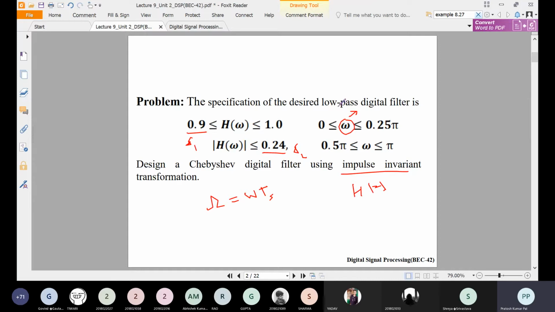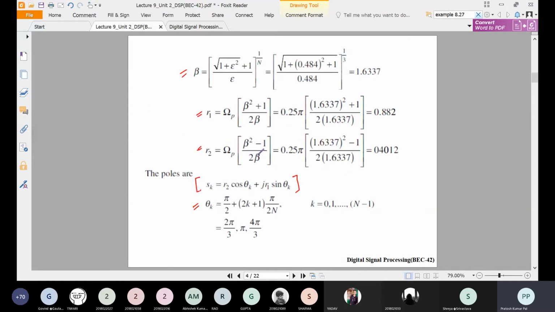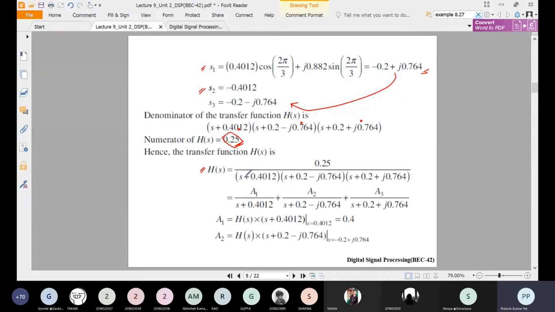Here, the specification of a desired low pass digital filter is given, and you need to design a digital filter. Here it is given: design a Chebyshev digital filter. Once we know the transfer function, we need to convert that transfer function into a digital filter transfer function by using the impulse invariant method.